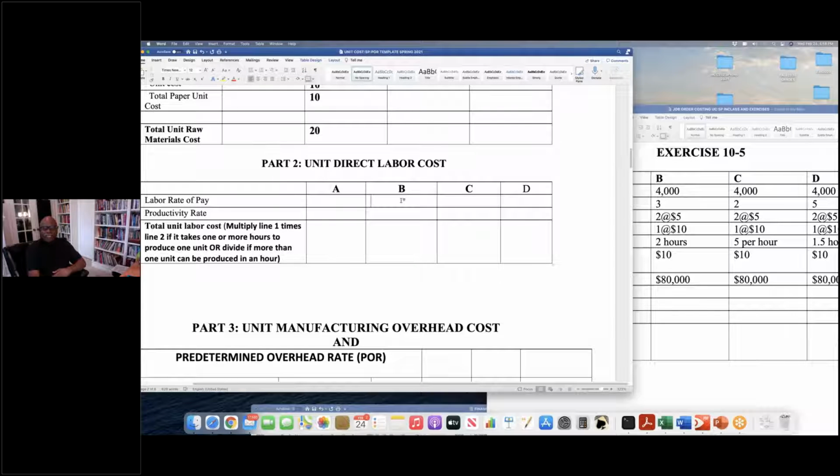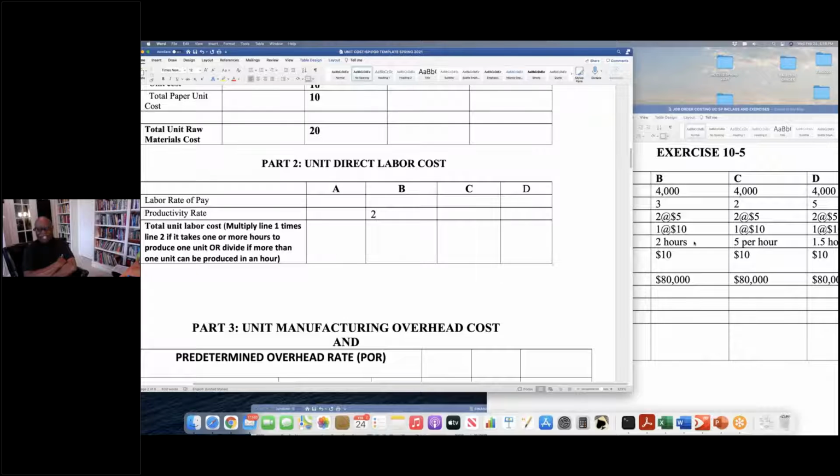It says 2 hours. Okay, so that part I got confused. It just says 2 hours. That's the productivity rate. So is it 2 books an hour or is it one book for 2 hours? It says 2 hours.